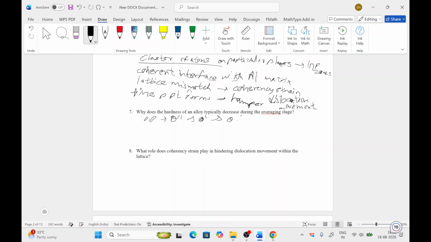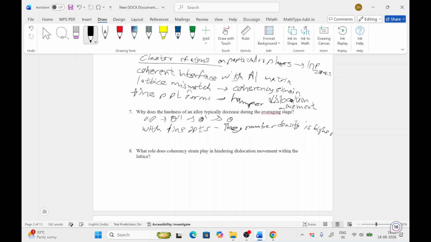Theta is the coarser precipitate, while the fine precipitates have a higher number density.